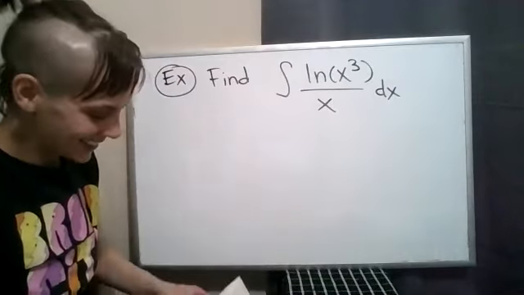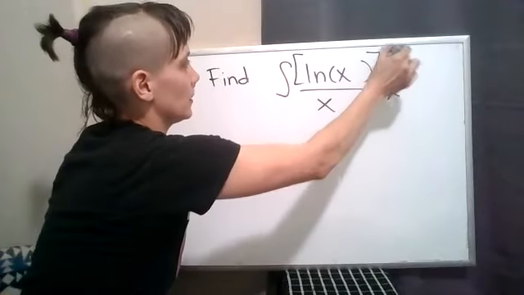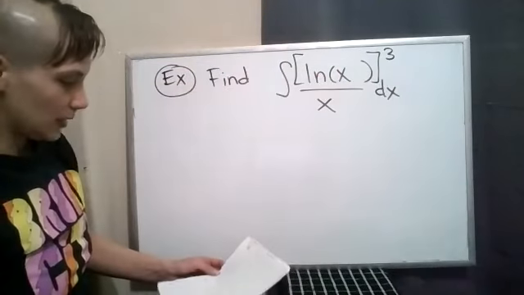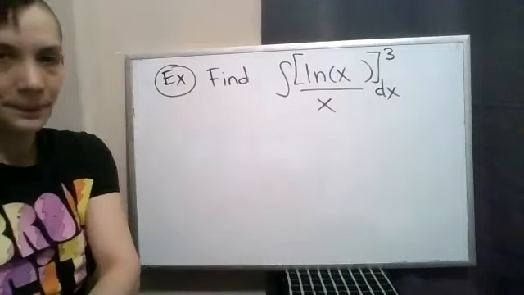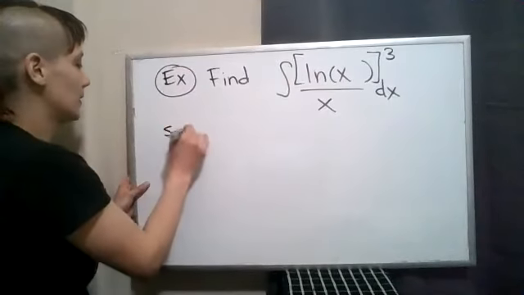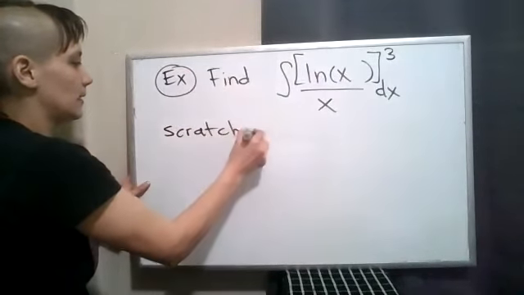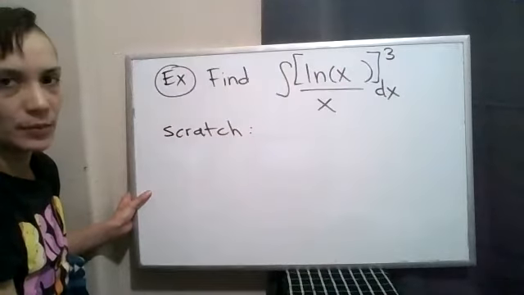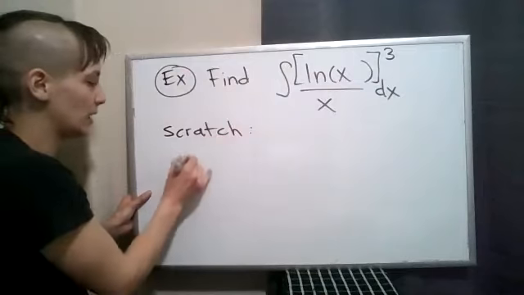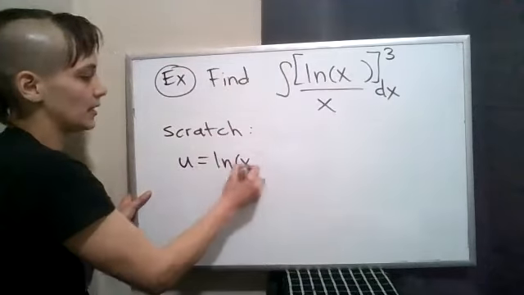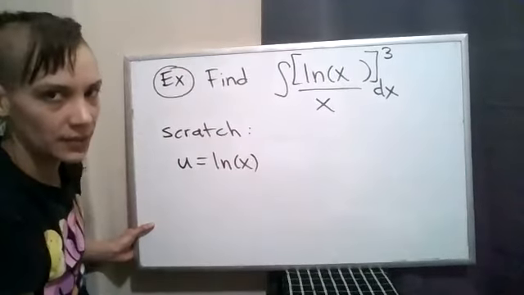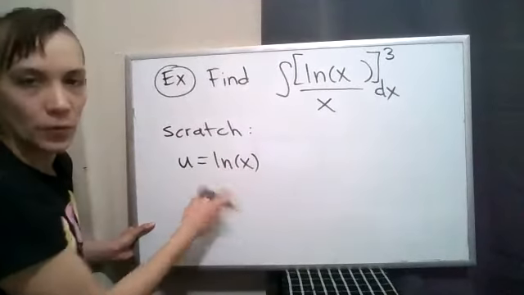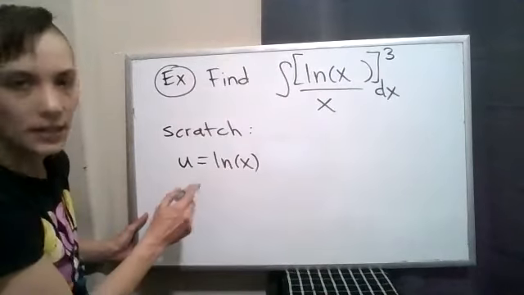Ln of x is the thing that's going to be cubed. Okay. So for u substitution, you let u be some piece of your problem. We're going to let u equal ln of x. Sometimes you have to try different values for u until you get one that works. But I know that this works.